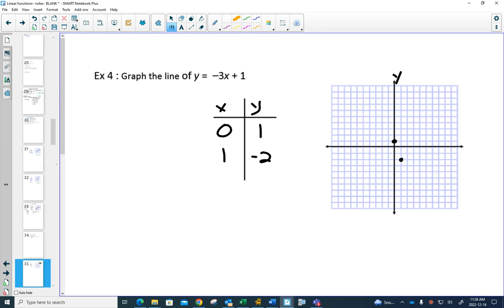So, what number do you want for next? 2. What do we get? Negative 5. Do those 3 points look like they line up perfectly in a straight line? Yes. So now we can draw the straight line. Put arrowheads on the end, and we have the graph.